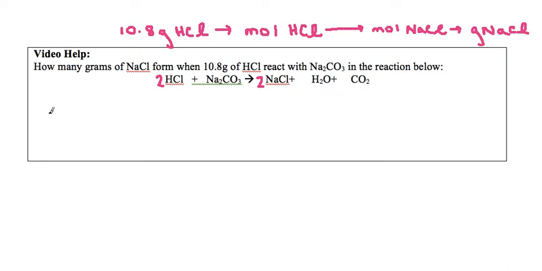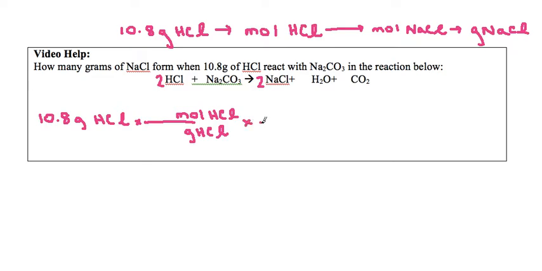Alright, so I'm going to start out. I have 10.8 grams of HCl. My first step is to get into moles of HCl. So I'm going to crisscross swoosh, put grams of HCl on bottom. Notice I include HCl because you'll get really easily confused if you don't. Moles of HCl on top. Okay. Then you're going to crisscross swoosh again.